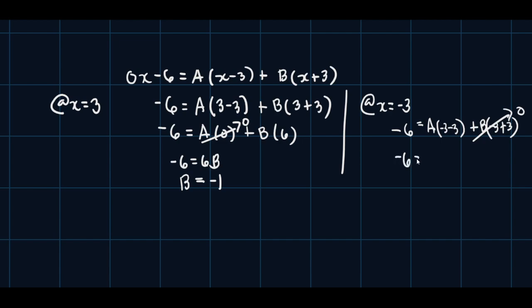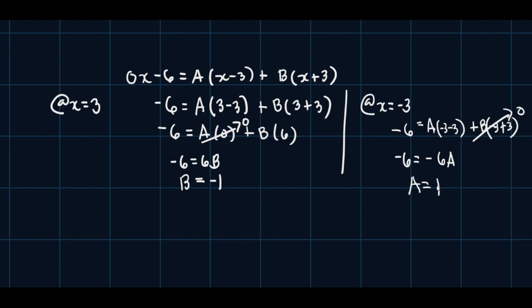We have negative 6 equal to negative 6A, or A equals 1. So the method of strategic substitution allows us to solve one of the variables outright. Yun nga lang, we may need to choose or we may need to figure out kung anong magandang x value na gamitin to apply this technique.